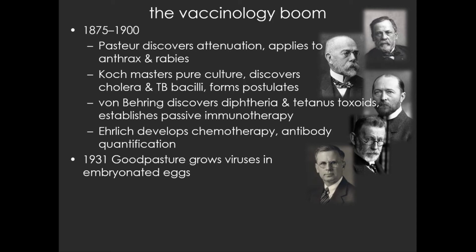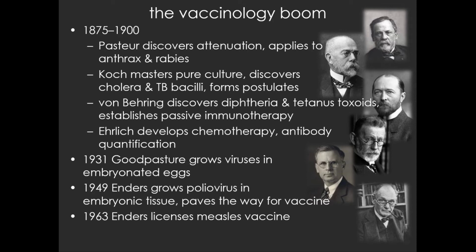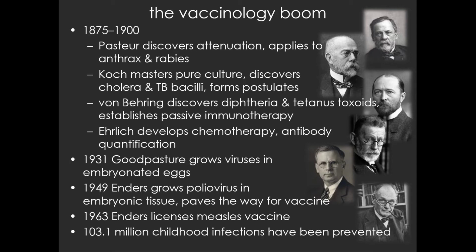And that work was carried on by Enders, who grew the polio virus in embryonic tissue and paved the way for vaccination of polio, and then used what he had learned in 1963 to license a measles vaccine. And it's thought that the work of these men and many other scientists have prevented over 103 million childhood infections, which is excellent news.